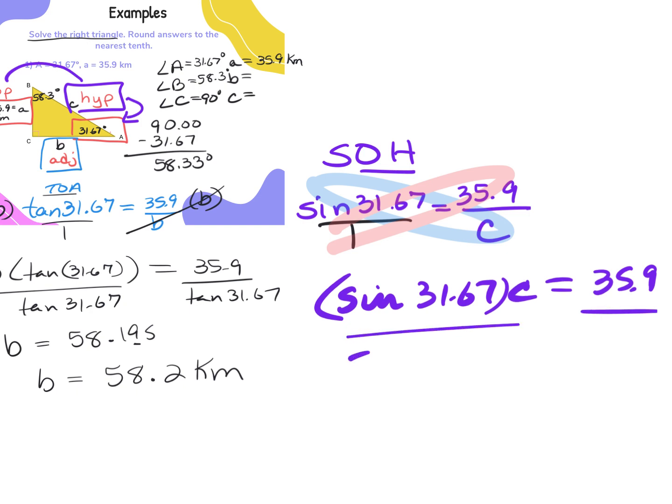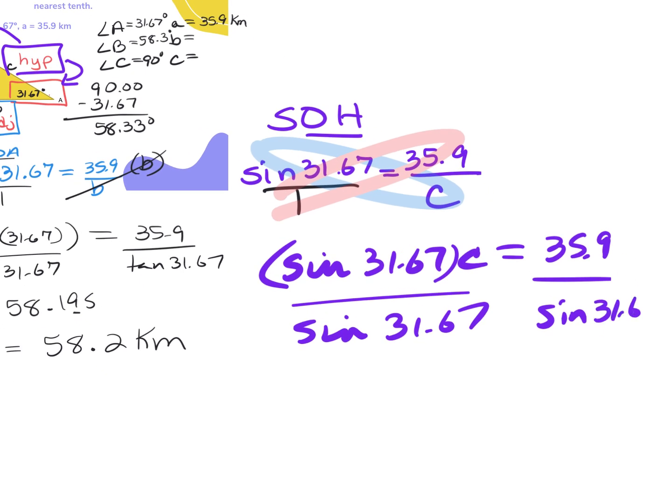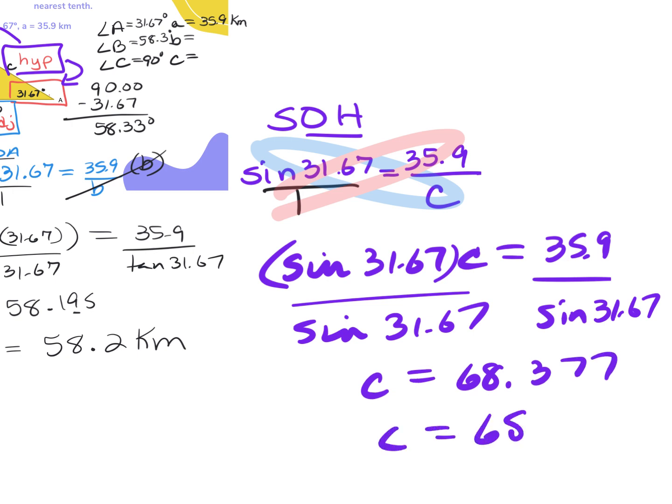Divide both sides by the sine of 31.67. And then you should be getting 68.377, so 68.4. And these are kilometers.